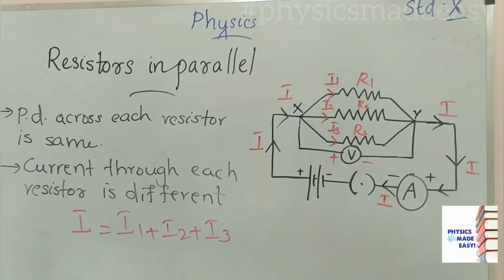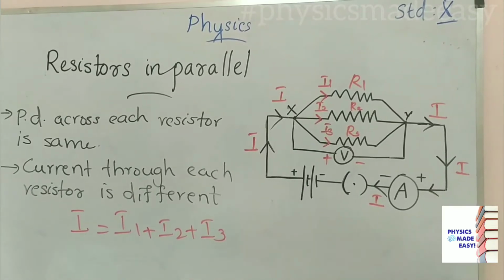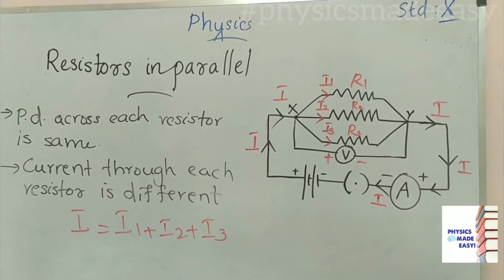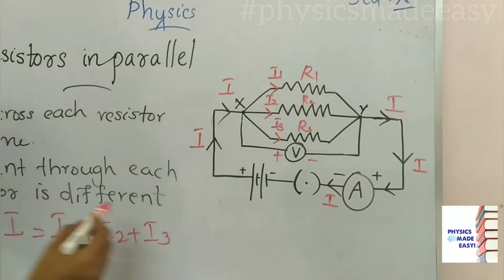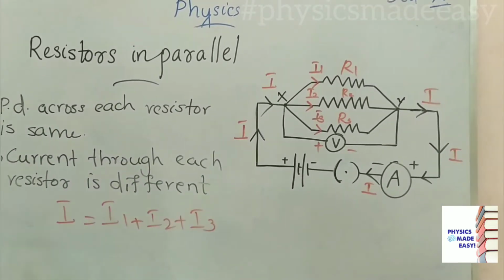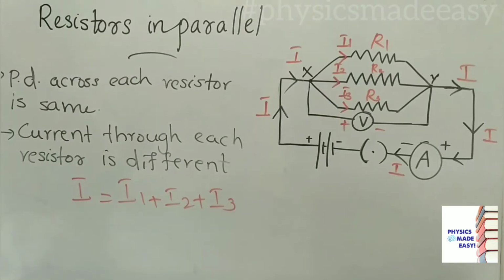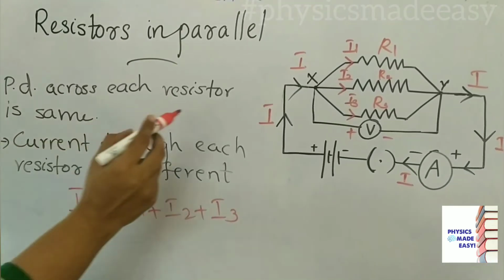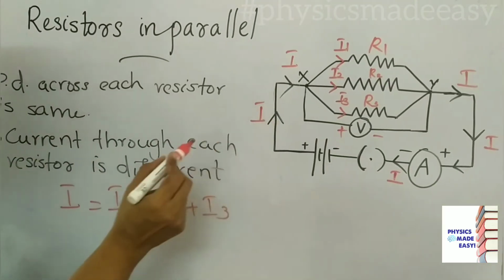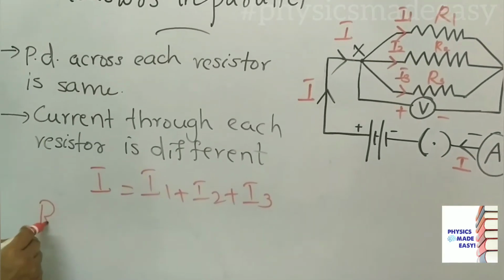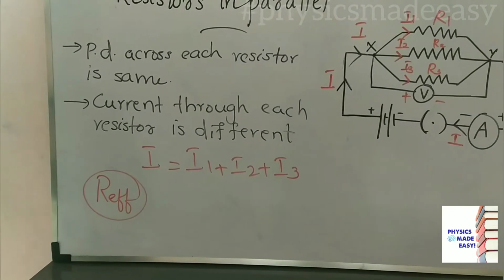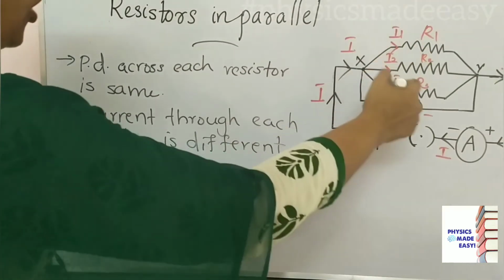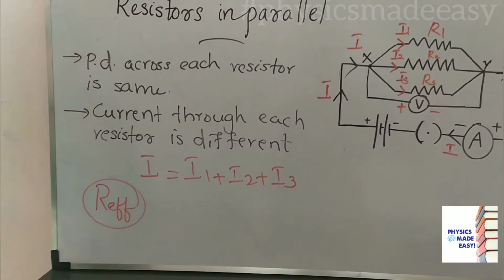How can we find the effective resistance? Here we have to apply our Ohm's law. For that, you know children, here we can take V is the total potential difference and I is the total amount of current in this circuit. Now we can take R effective, that as the single resistance which we are going to replace all these three resistors connected in parallel.